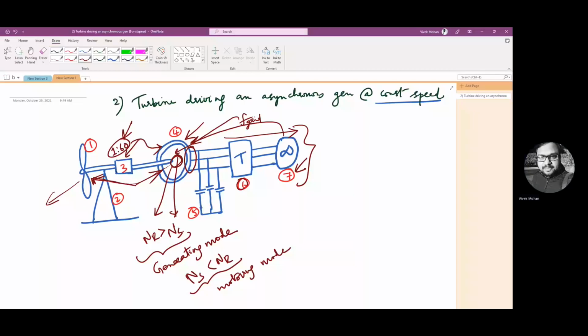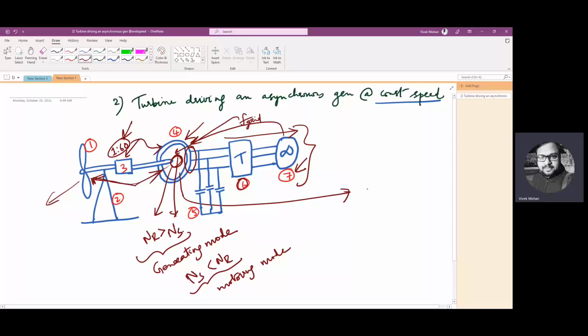Now, because of this constant speed, the turbine cannot extract the maximum amount of energy in the wind at all times, because the range of speed for the induction machine is a very small range. Essentially the turbine blade is a constant speed blade.